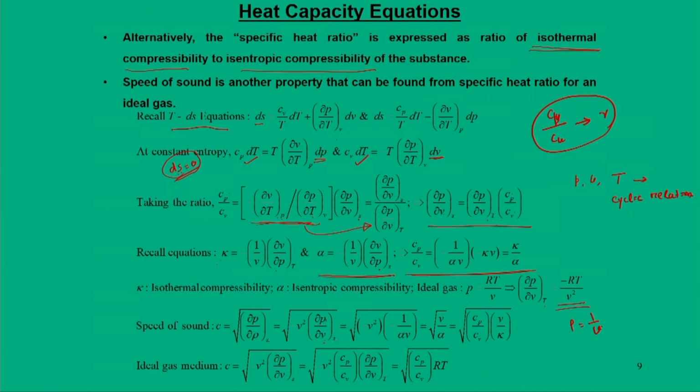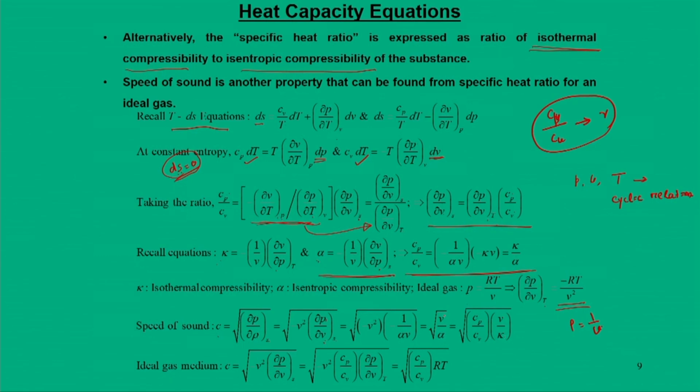Now, the dou P by dou V expression you can get from alpha. So, we can say minus V square into minus 1 by alpha times V. After simplifying, we can get speed of sound equal to square root of Cp by Cv into V by alpha.